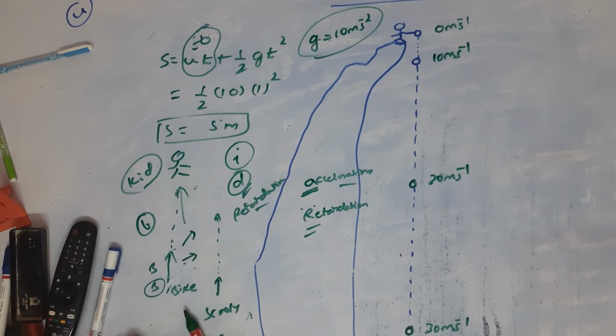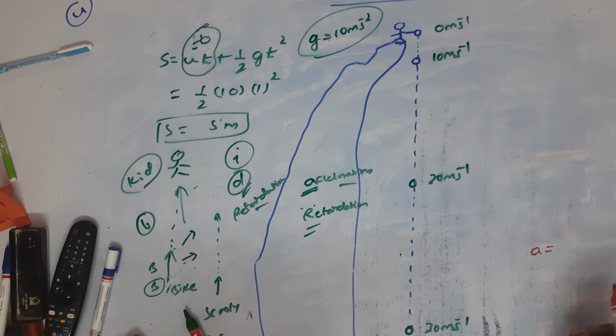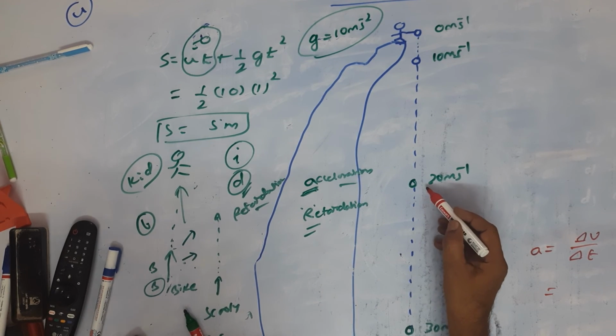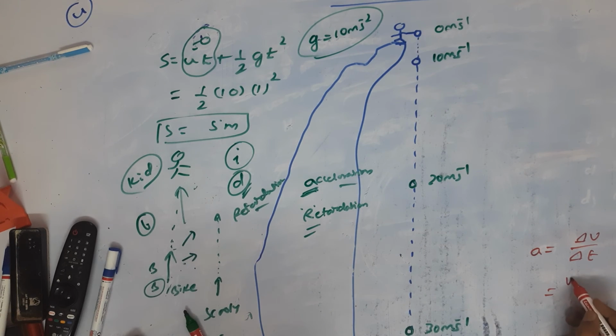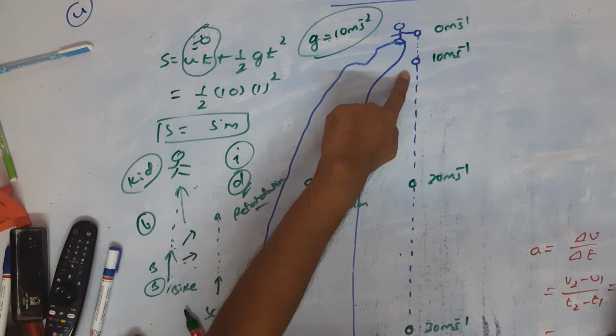Now I will teach how to calculate acceleration. Acceleration is equal to change in velocity divided by time taken, delta t. Delta v, how to calculate? You take this as v2 and this as v1. v2 minus v1 divided by t2 minus t1. Look here, 20 minus 10, it is 10.